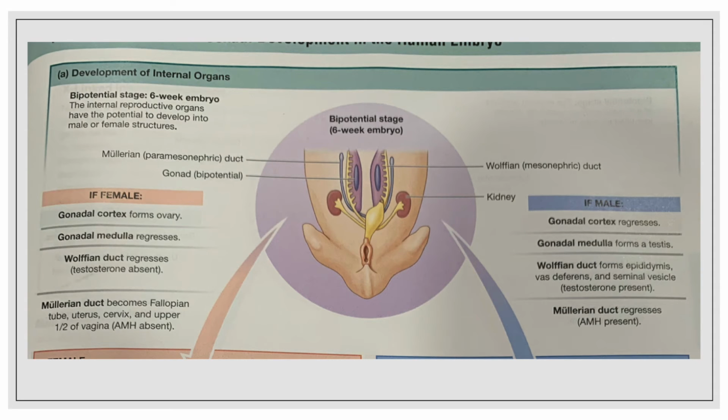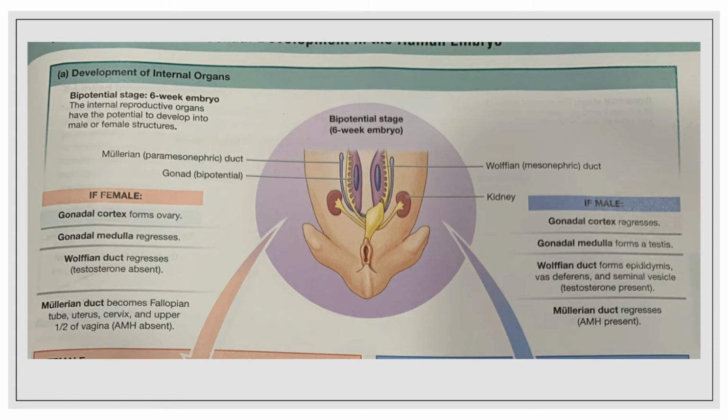But keep in mind that they are not yet gender specific. Soon, they will develop to be certain structures based on what the actual sex of the embryo is. You can see the Mullerian and Wolffian ducts, as we discussed before, as well as the gonad bipotential that we also discussed, and the kidney.